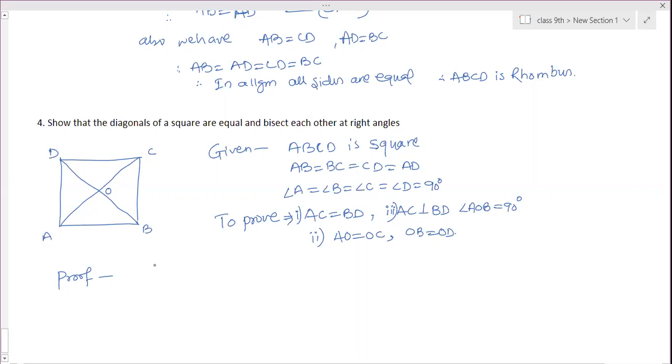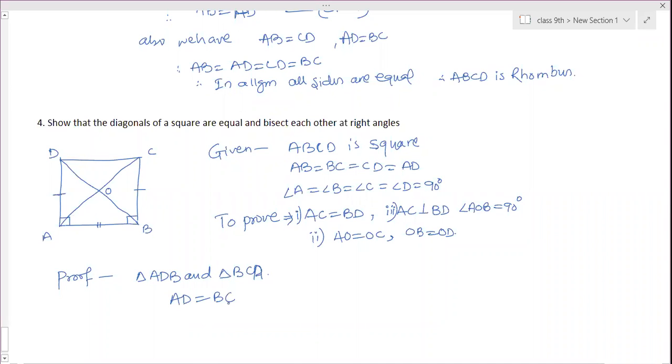So between triangle ADB and triangle BCA, AD is equal to BC, AB is common, angle 90, this angle is 90. So by SAS criteria, these two triangles are congruent. So therefore by CPCT, BD and AC are equal.